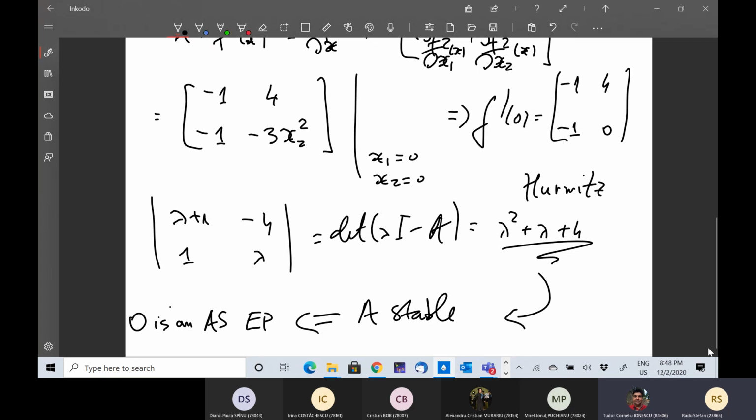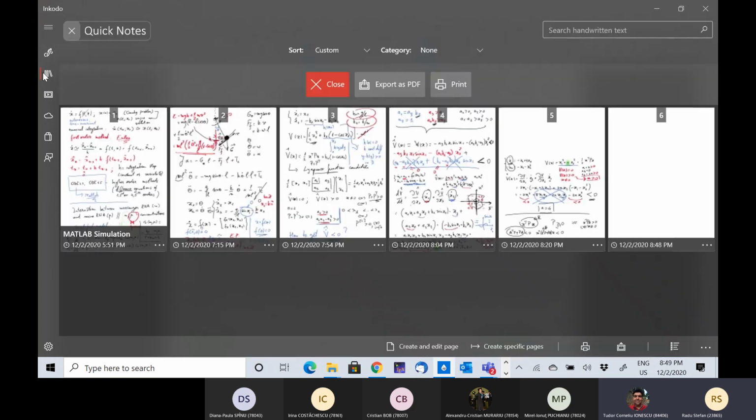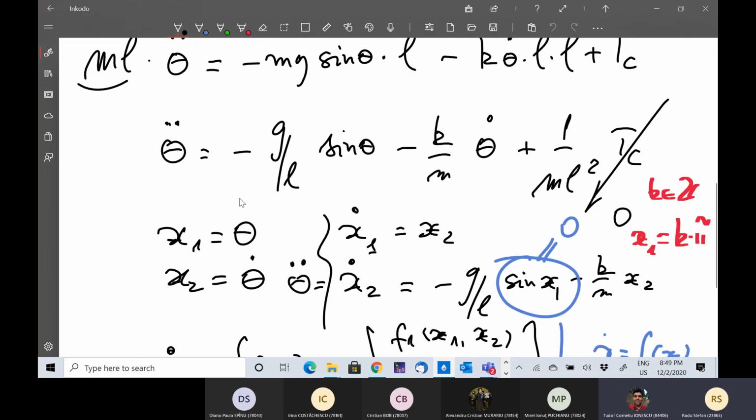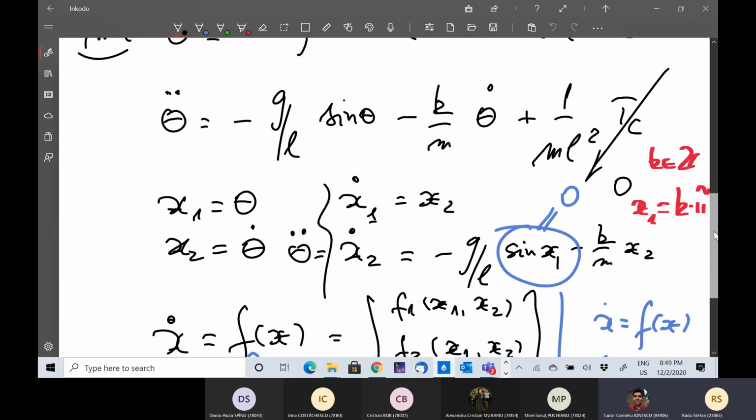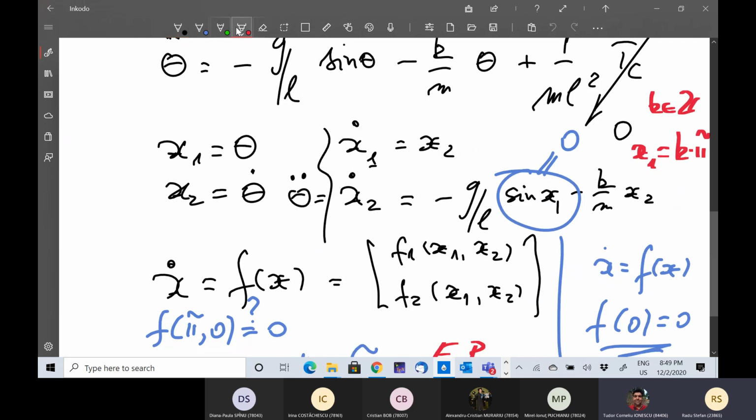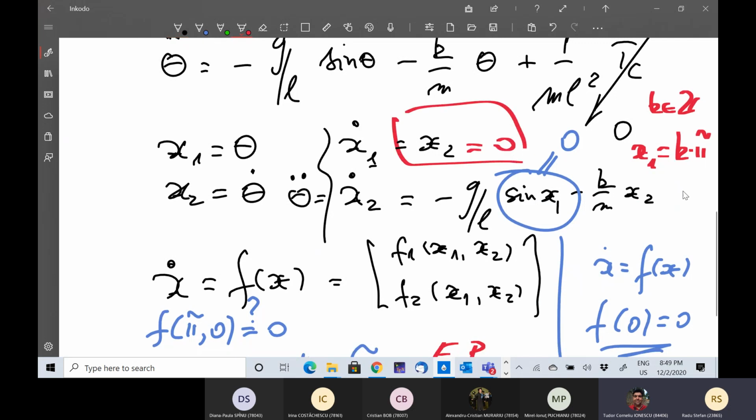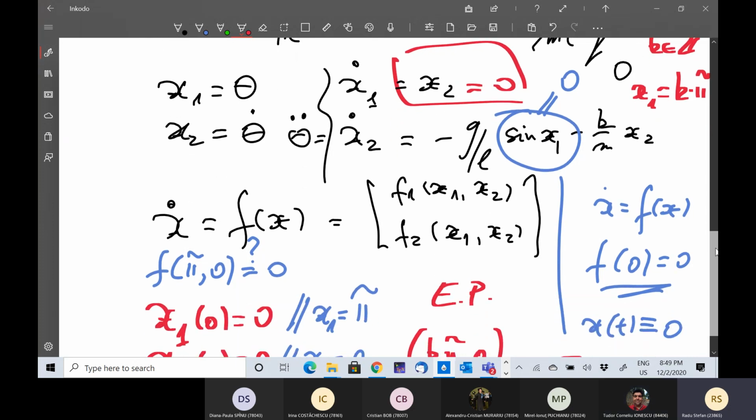Please calculate all equilibrium points of the pendulum equations. Calculate everything there. Where were we with those things? Here. So please, set these two expressions equal to 0. We have them, I have written them: x1 is kπ, and x2 is 0.